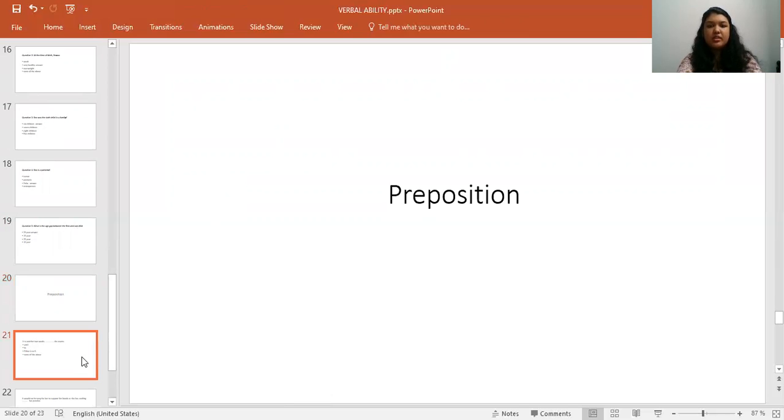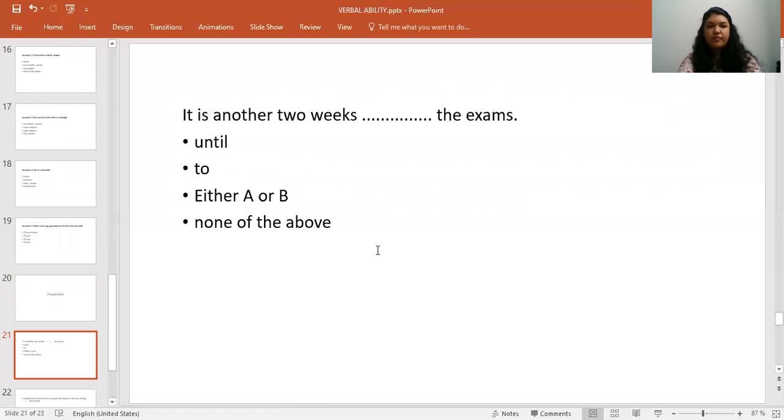So the first one is, it is another 2 weeks dash the exams. Options: until, to, either A or B, none of the above. In this case, it is another 2 weeks until the exams.